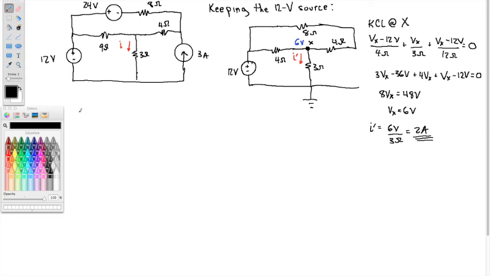So now let's keep going and let's just keep the 24 volt source. Okay, so I've got this guy, 24 volts, in series with the 8 ohms, and the 12 volts becomes a short.